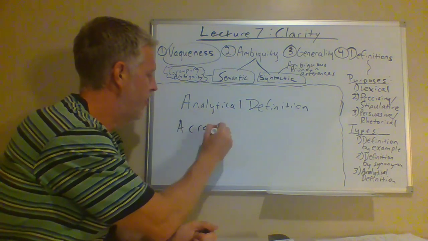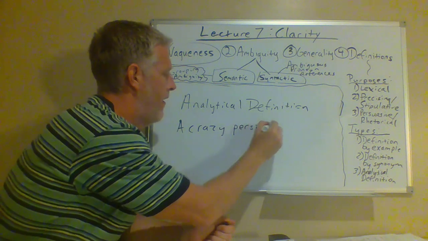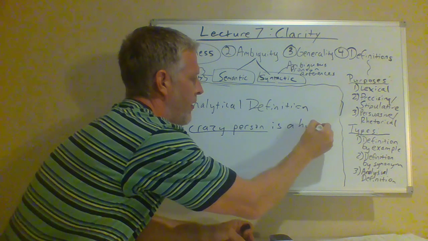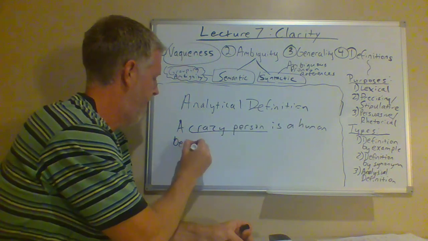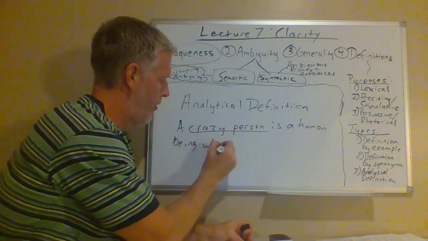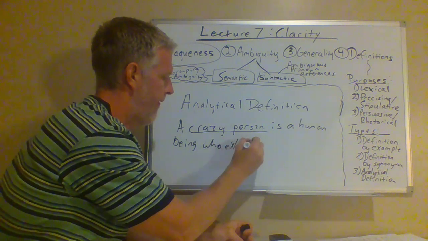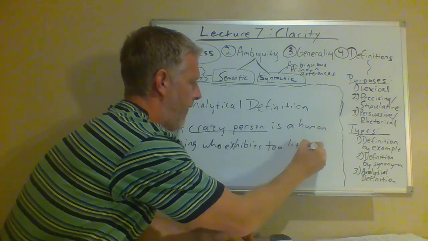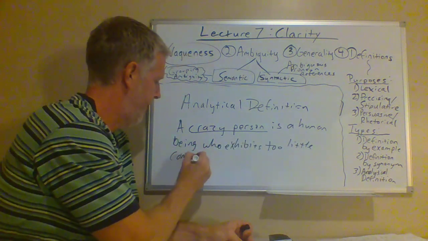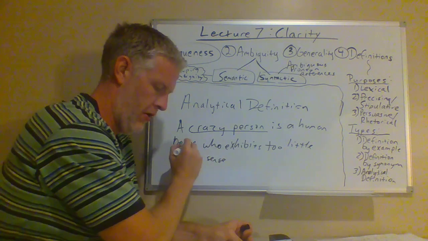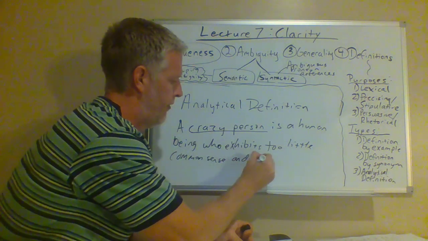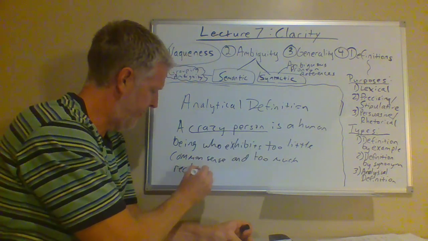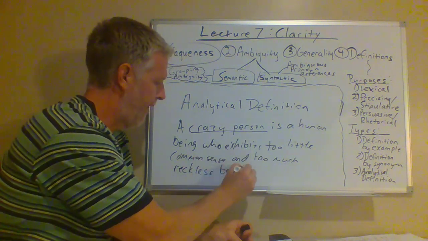A crazy person is, so that's what we're defining, right? A human being who exhibits too little common sense and too much reckless behavior.